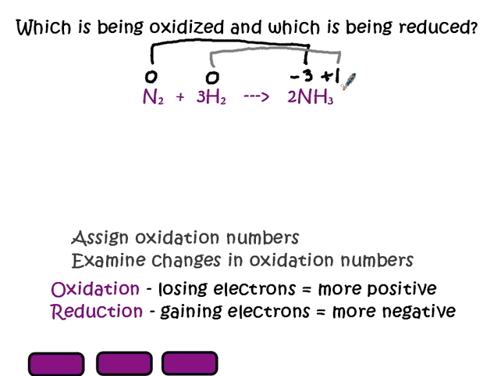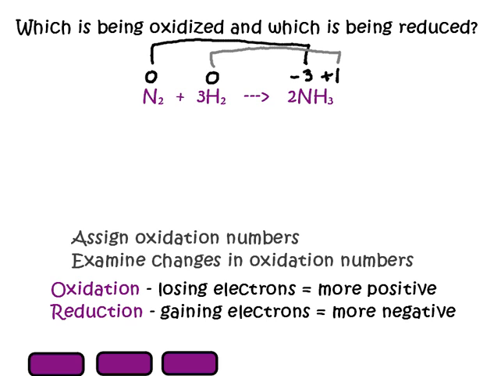That means it's being oxidized. It must be losing electrons in order to become more positive. Likewise, reduction is gaining electrons, and if you gain electrons, it's going to become more negative. And here's our nitrogen. It went from a 0 to a -3, so this is definitely a more negative number. It must be gaining electrons here.